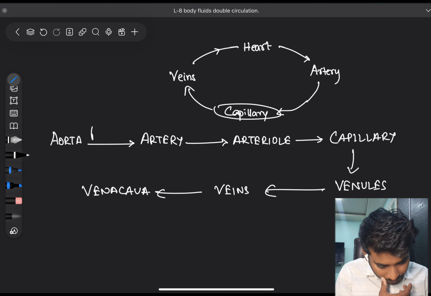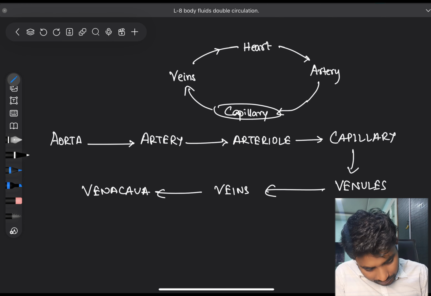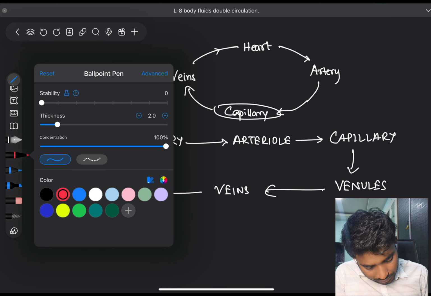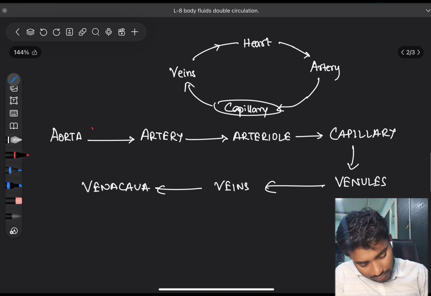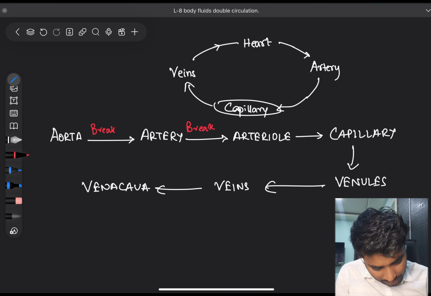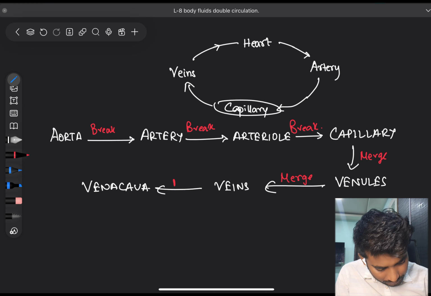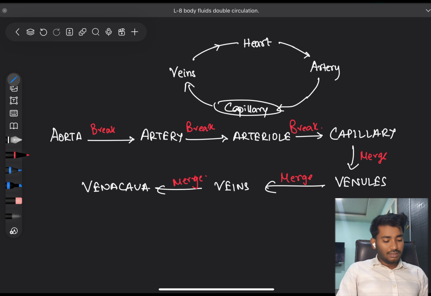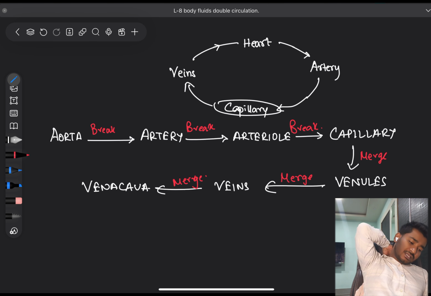Here there is a break. Now merge. So this is the portal circulation.